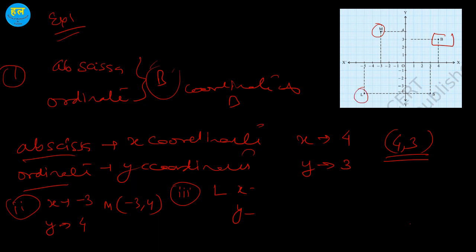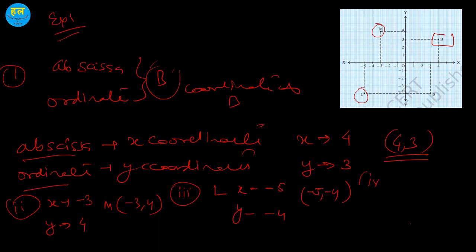We can see here that L is on the left hand side from the origin on the x-axis, on -5, so it will be -5, and y is below the origin, therefore negative sign, and on 4, so -4. So the coordinates will be -5 comma -4.